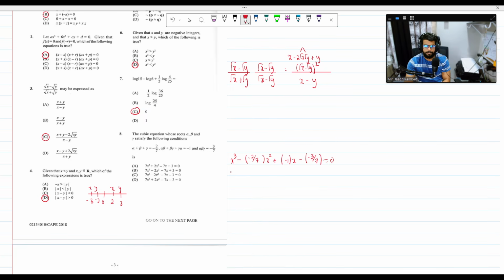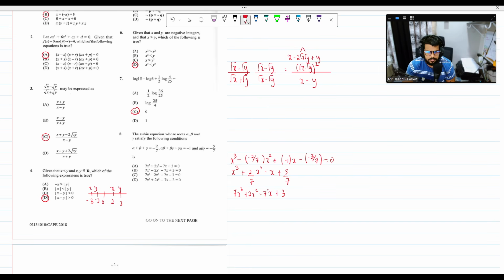I'm going to fix it up: x cubed plus 2/7 x squared minus x plus 3/7. Multiply everything by 7: 7x cubed plus 2x squared minus 7x plus 3.